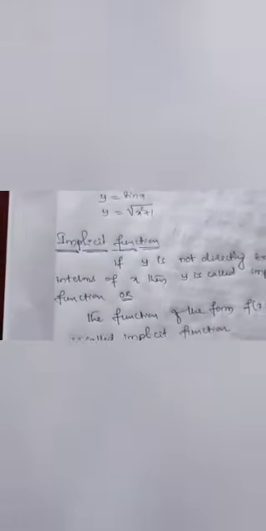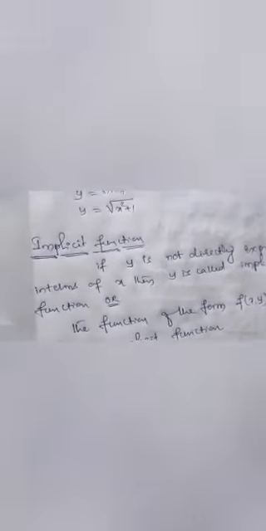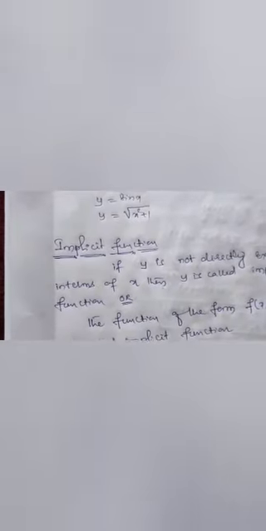And the second one, the implicit function. If y is not directly expressed in terms of x, then y is called an implicit function, meaning y is indirectly expressed, of the form f of x, y equal to c.